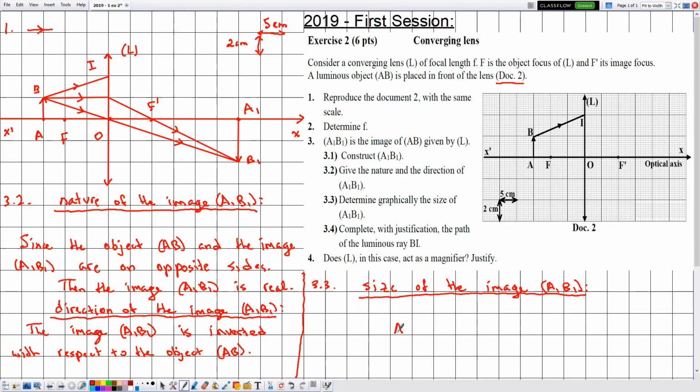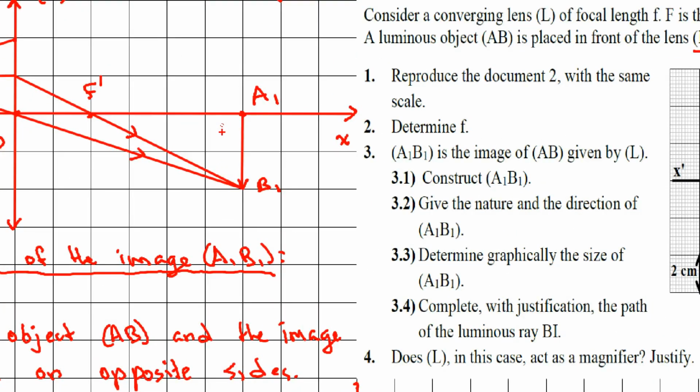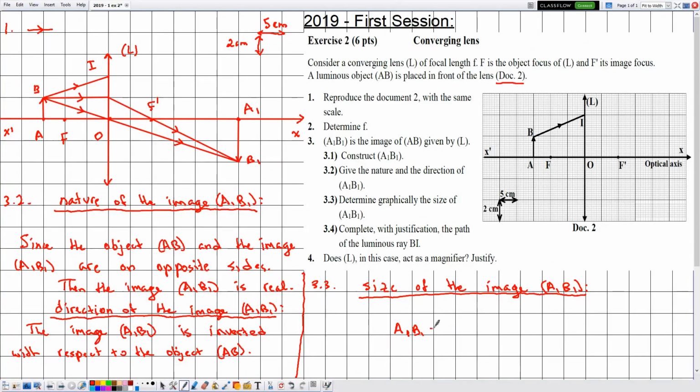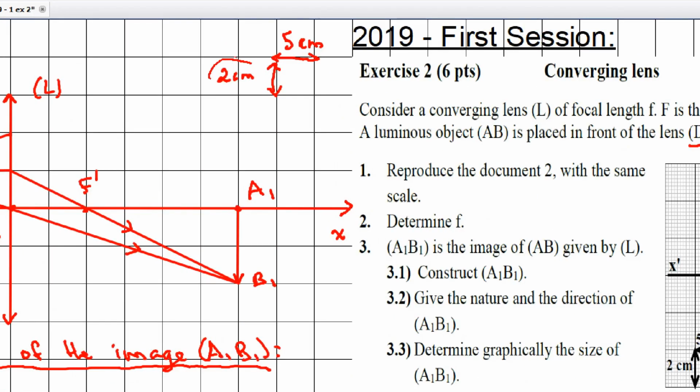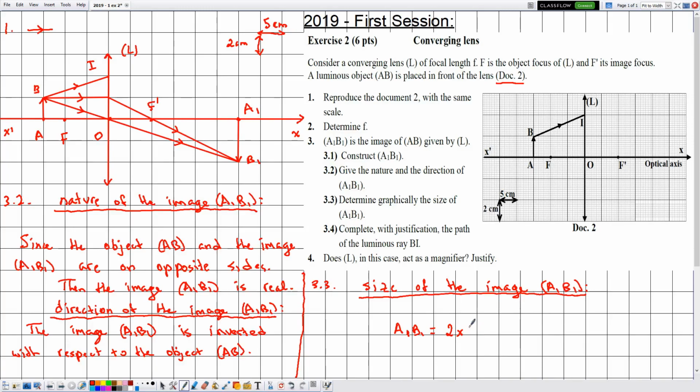A1 B1 consists of 2 divisions, and we multiply by the scale along which you have counted the number of divisions, which is the scale along the y-axis. So this will give me 4. Because the scale is in centimeter, the value of A1 B1 will be in centimeter. Then the size of the image A1 B1 is given by 4 centimeter.